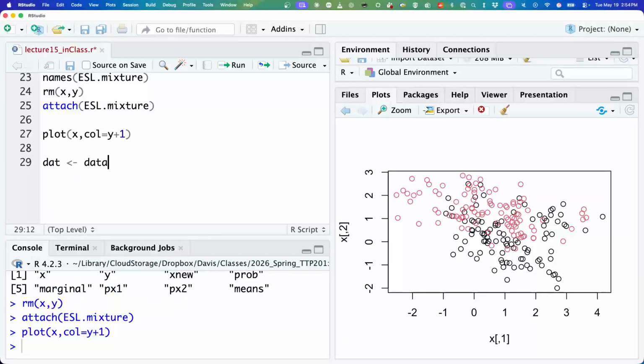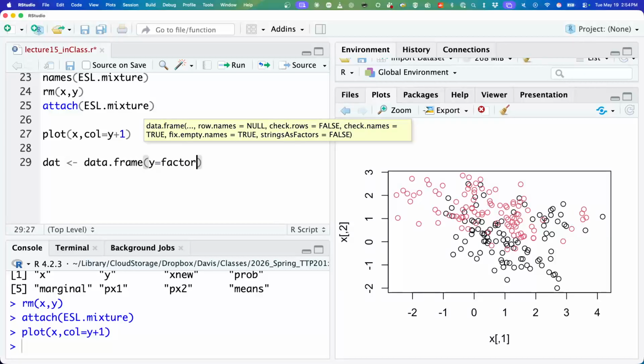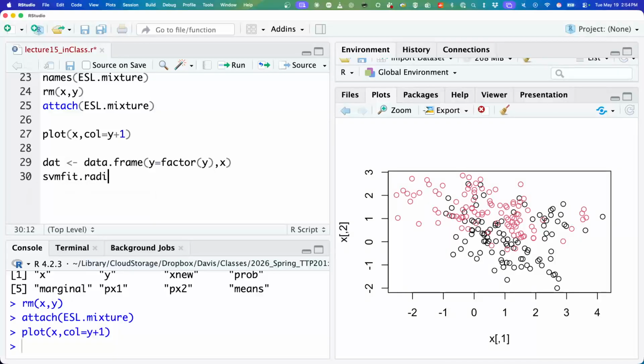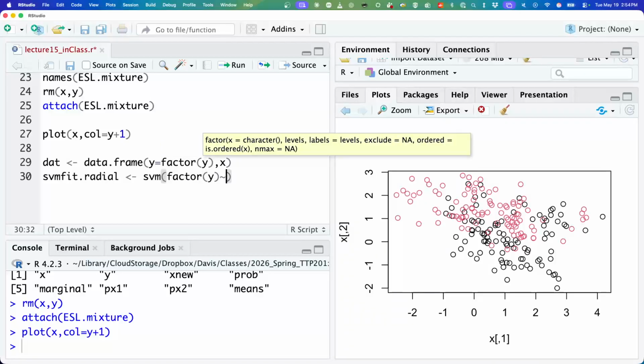So we're going to do basically the same thing as before, except this time I'm going to do a radial kernel. So factor y, regressed on everything, kernel equals radial, and we'll set the cost at 5.